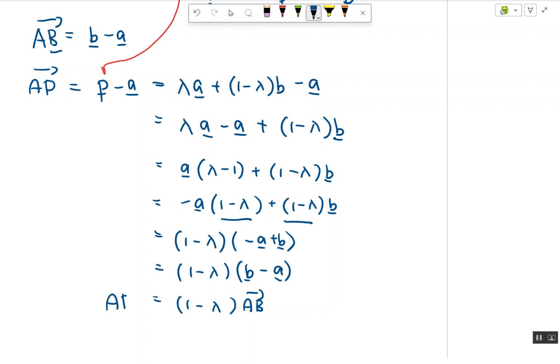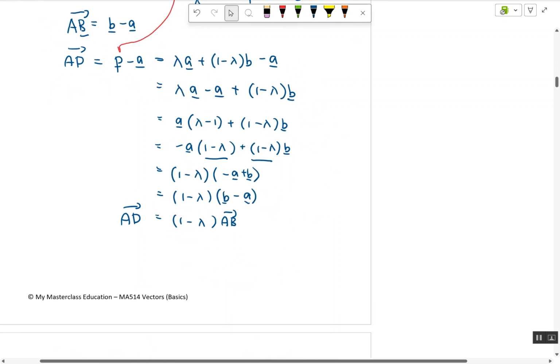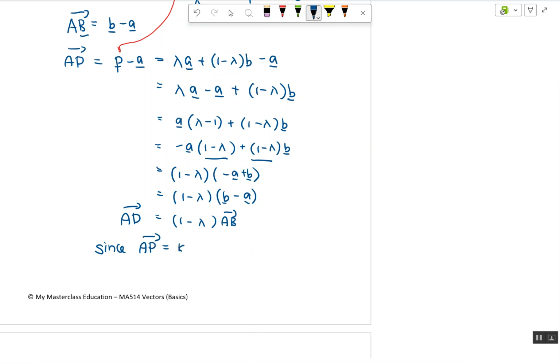I have shown that AP is equal to (1 minus lambda) times AB. So since AP is equal to k times AB, and they start at a common point A, A, P, B are collinear.